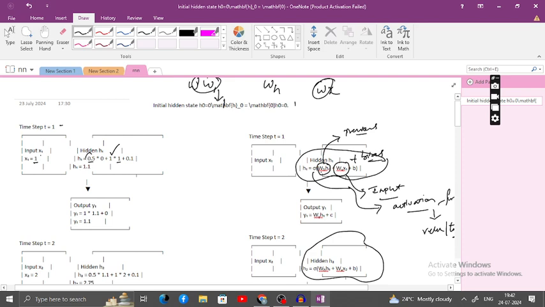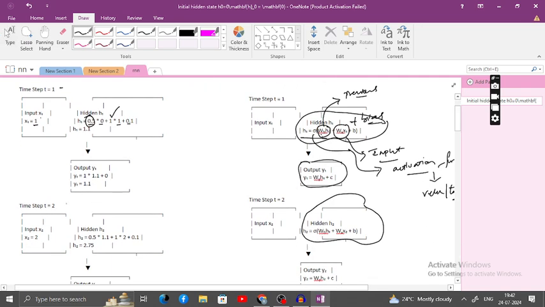For the simple W they have assumed 0.5, and the initial dummy input is 0.1. Some assumptions they have made. The output from hidden layer 1 will become the input to hidden layer 2. So look at this.